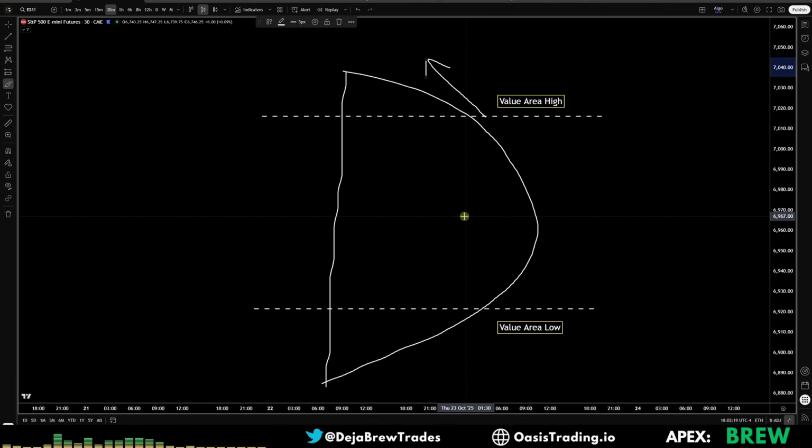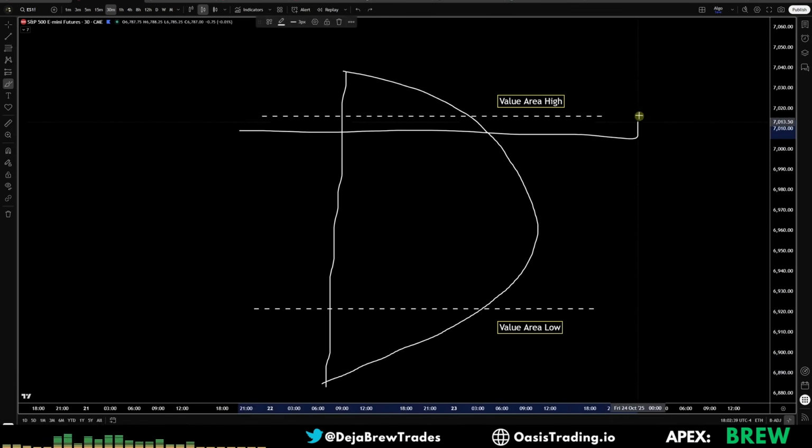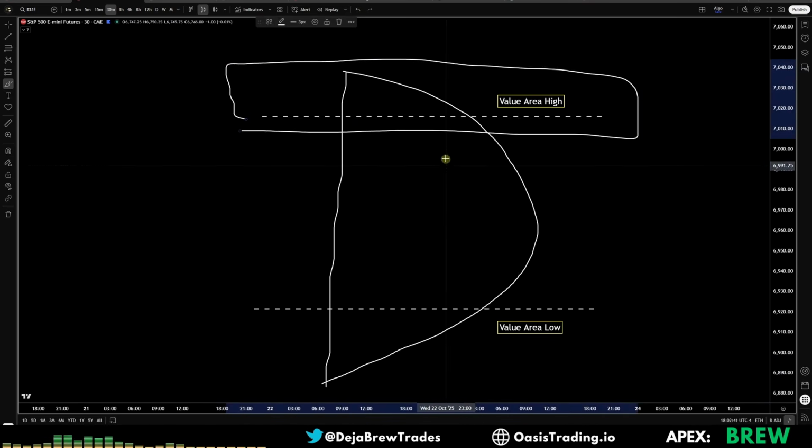Outside of the value area high is the upper tail, and outside of the value area low is the lower tail. So obviously we have these tails that are tradable as well if we don't want to be a trader on the exact value area high or the exact value area low. That is perfectly fine. But in the general area of the value area high, we want to be a seller.